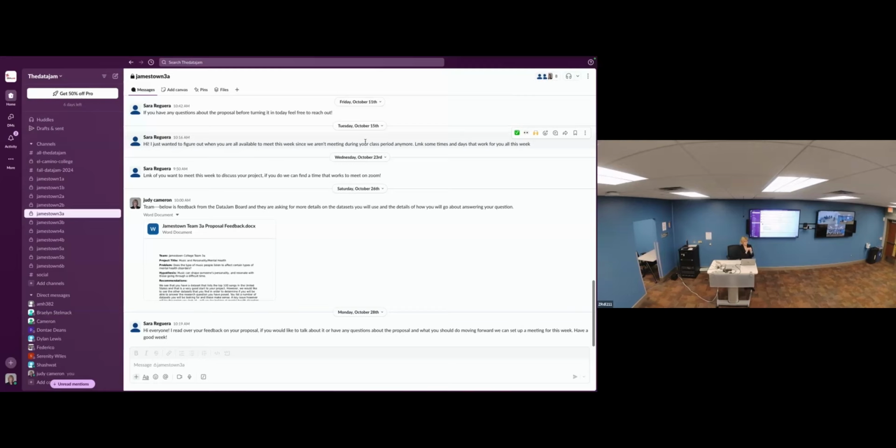I copied the mentor and the teacher on all the communications back to the teams, because we do have several teams that are not really communicating. We have other teams that are communicating like crazy, but some aren't. And you could reach out to the teacher and say, I'm a little concerned. I haven't heard from them since then. Are they going forward with this? Can I help in any way?